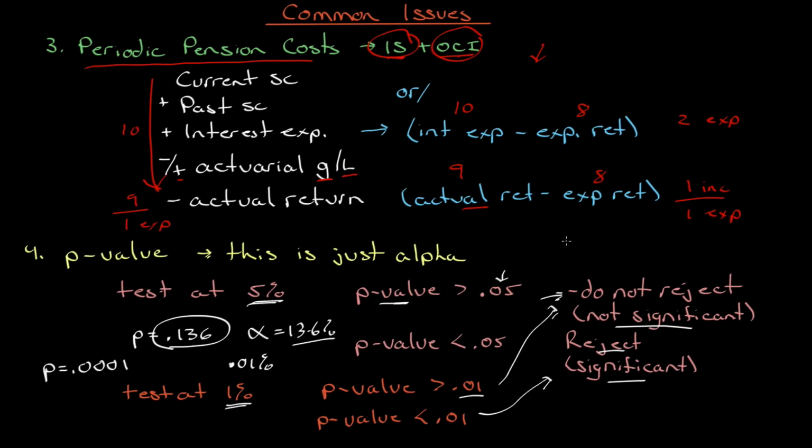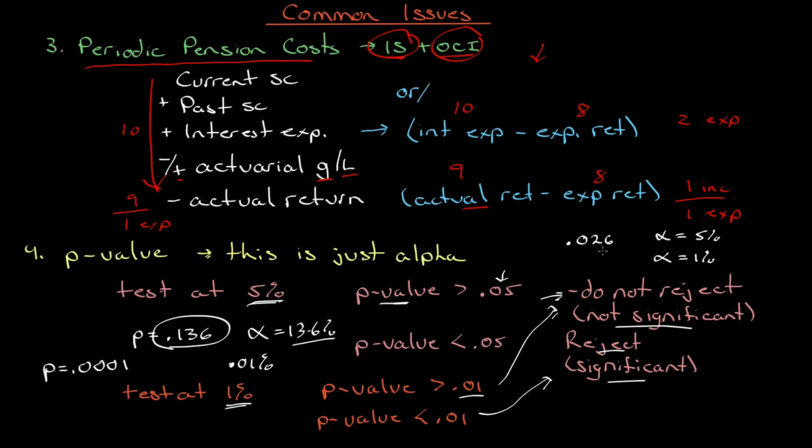So if I give you a p-value of 0.026 and I ask you, can we reject the null if alpha equals 5%? You can say yes, because 2.6% is lower than 5%. So we can reject the null. We have significance. If I ask you if we can reject the null if alpha equals 1%, well, the answer would be no. 1% is more stringent than 2.6%.